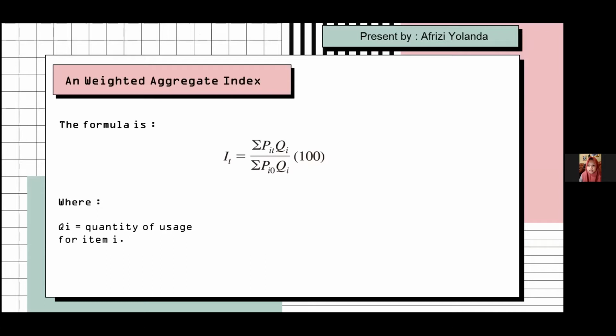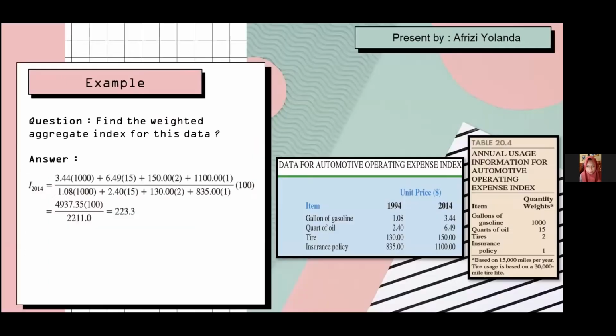Number 2 is the weighted aggregate index. The formula is I_T equals sigma P_iT times Q_i divided by sigma P_i0 times Q_i times 100. For example, still using the same data, there is annual usage information for the automotive operating expense index.